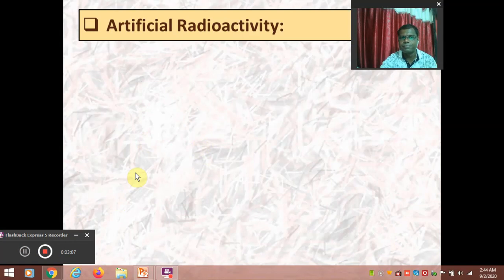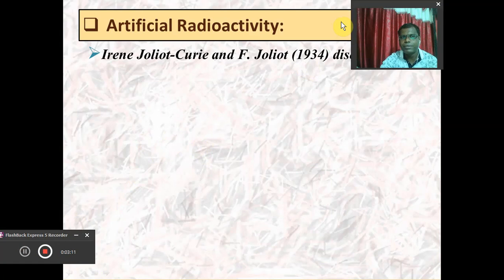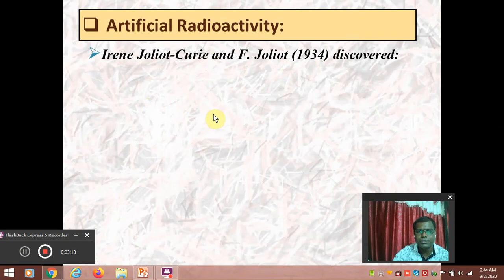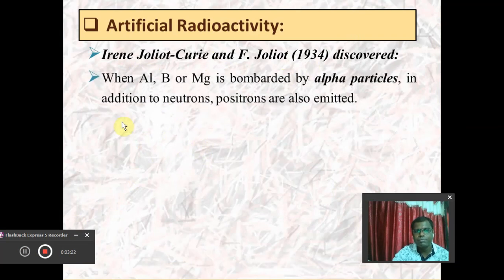In this artificial radioactivity, before discussing the definition of artificial radioactivity, first of all we will discuss its discovery.